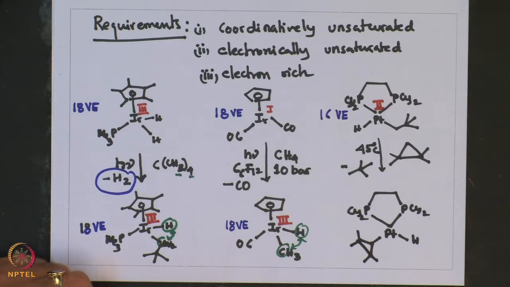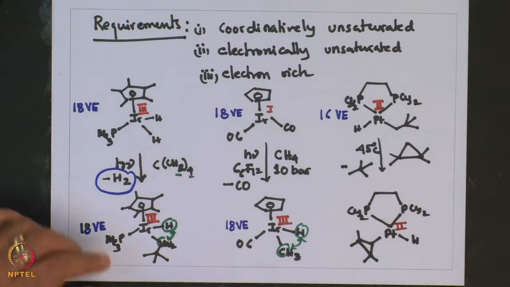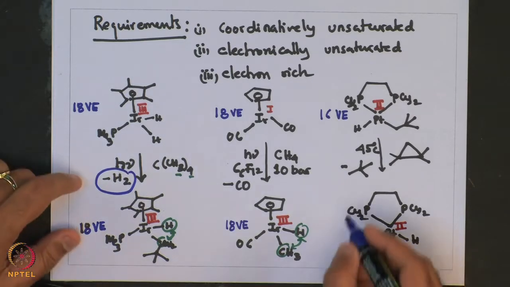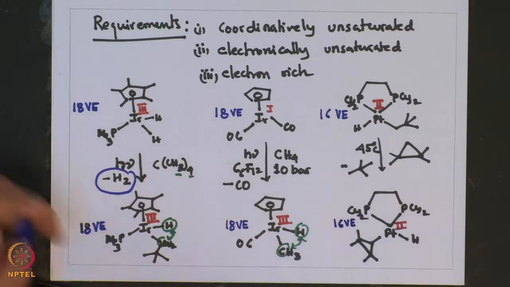Here too the oxidation state of platinum is +2, and in the final product platinum has 16 valence electrons.